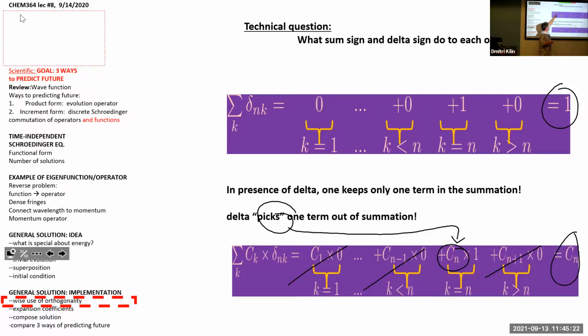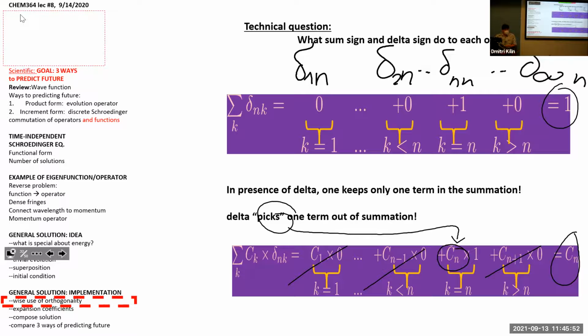So letter k is replaced by numbers, and letter n is not. So it means I have the values delta 1 and delta 2 and delta n, maybe some other n, right? So summation of these delta functions with the first index taking different values.